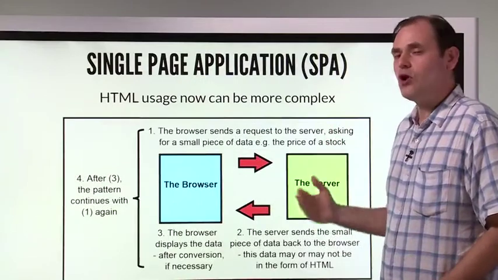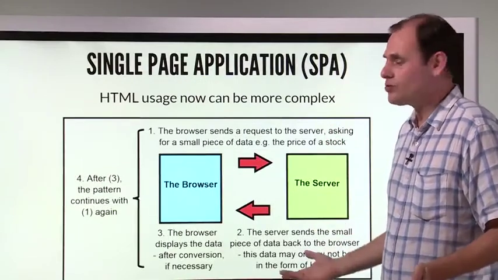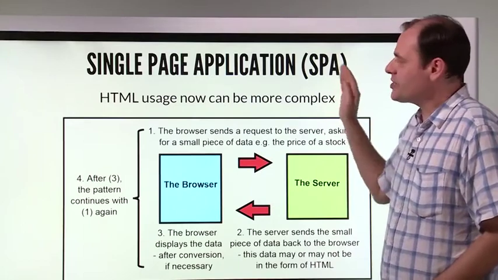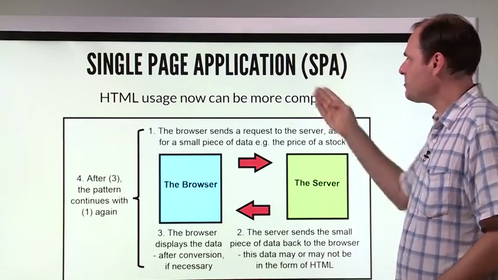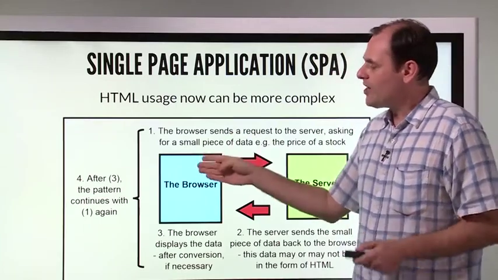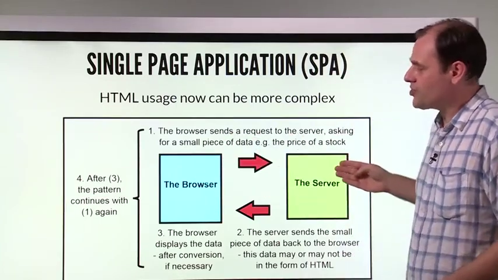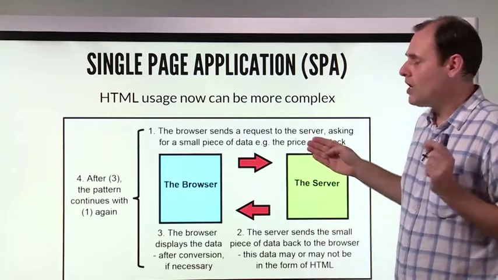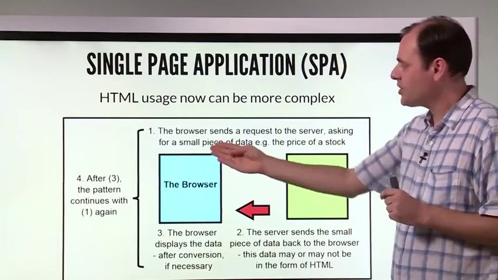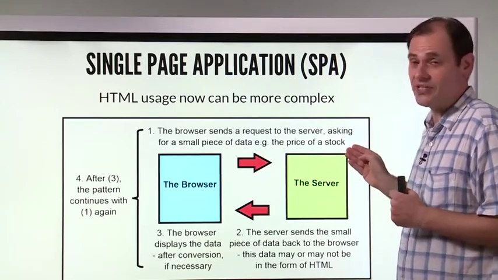However, things have got a bit more complex in the last 10 or so years. Let's look at another model, which is single page application, SPA. So now things are a little bit more complex. Browser sends a request to the server asking for a small piece of data. It doesn't ask for an entire web page. It just asks for a small piece of data.